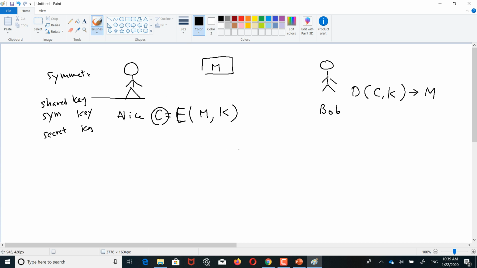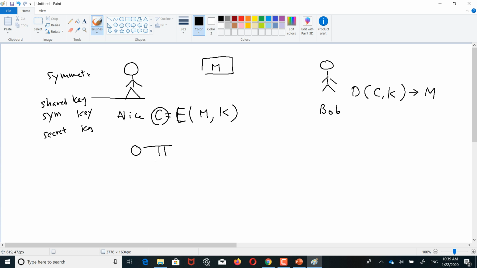But for the asymmetric key, let's say you have a shared key, this is just my illustration.